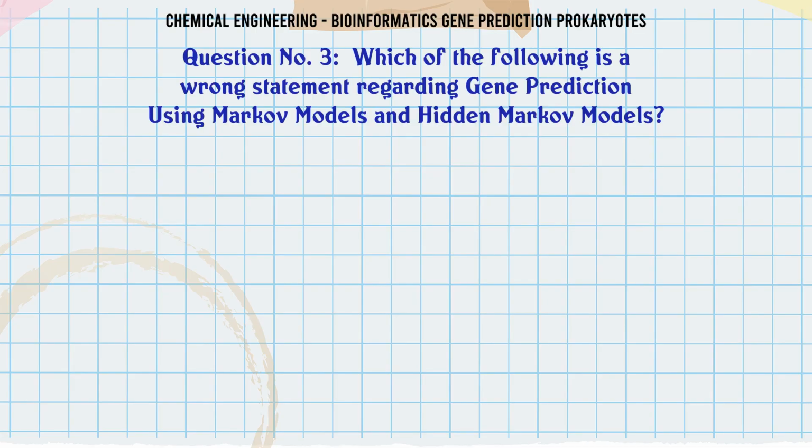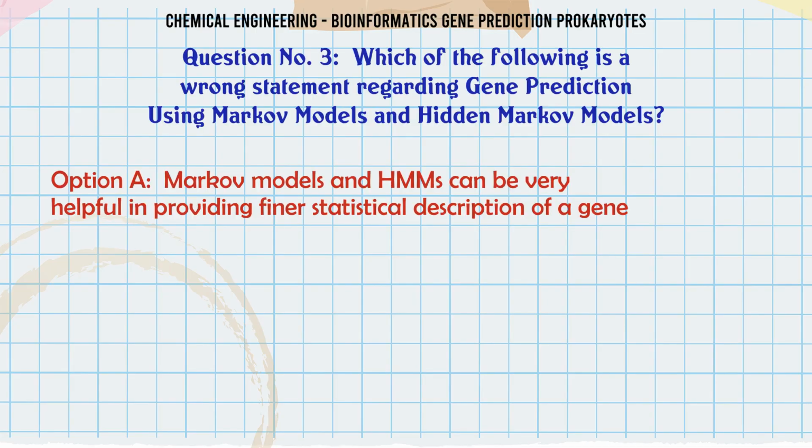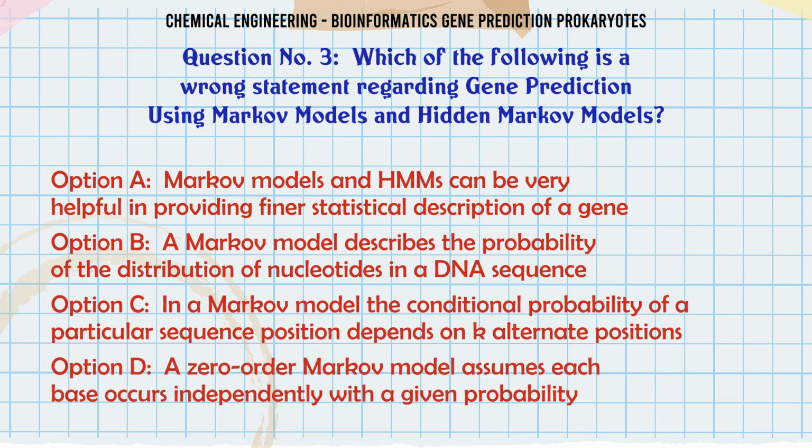Which of the following is a wrong statement regarding gene prediction using Markov models and hidden Markov models? A. Markov models and HMMs can be very helpful in providing finer statistical description of a gene. B. A Markov model describes the probability of the distribution of nucleotides in a DNA sequence.